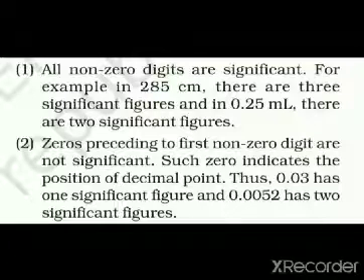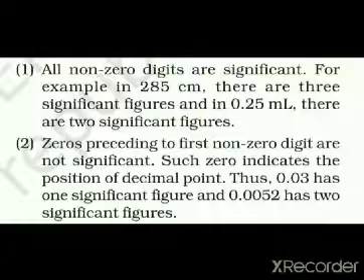Now consider the next rule. Zeros preceding the first non-zero digit are not significant. Such zeros indicate the position of the decimal point. For example, consider 0.03. There are two zeros and one non-zero digit 3.